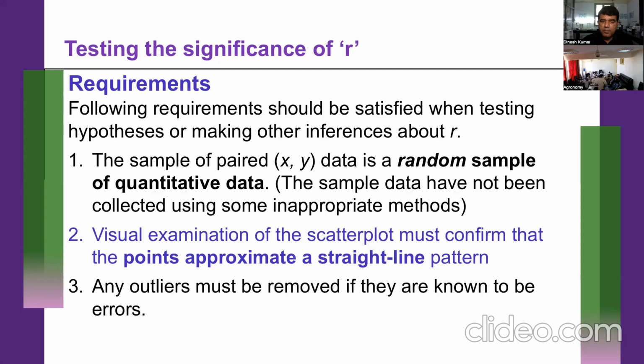Any outliers must be removed if they are known to be errors. Outliers are the data points which are not normal. Suppose the data range of yield is from 3 to 5 tons per hectare. This is the range of all the data. But one data point is giving you 9 tons per hectare.